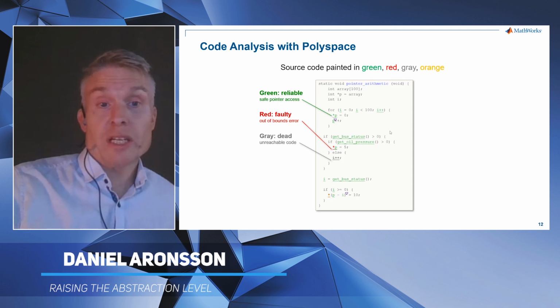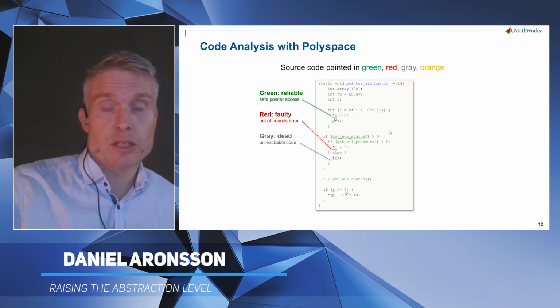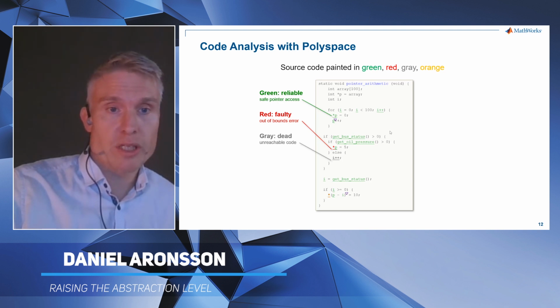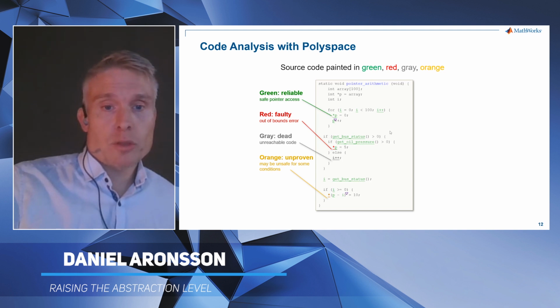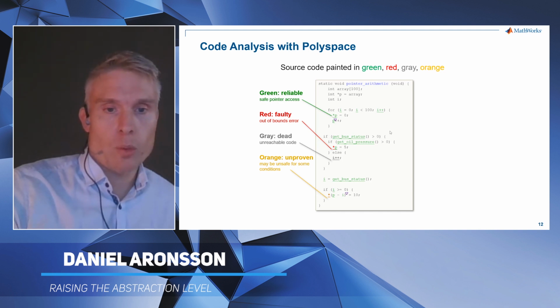It can also prove dead code. So in this case, we'll see that this code will never be reached, and it will mark that as gray. So that is dead code that you may not want there. There can also be things that are unproven. So in this case, we don't know what the value of I is there, so the tool cannot prove whether this is green or red.